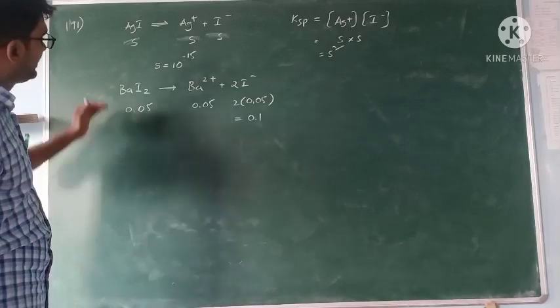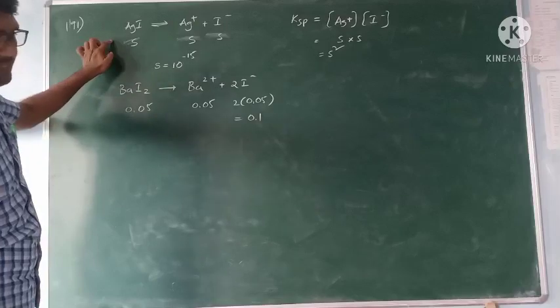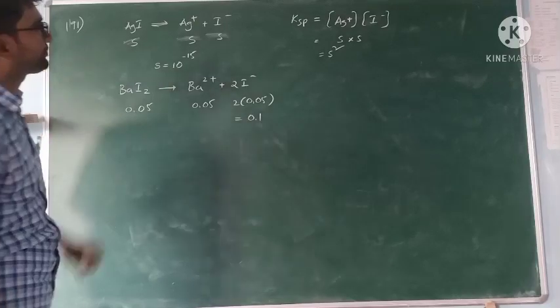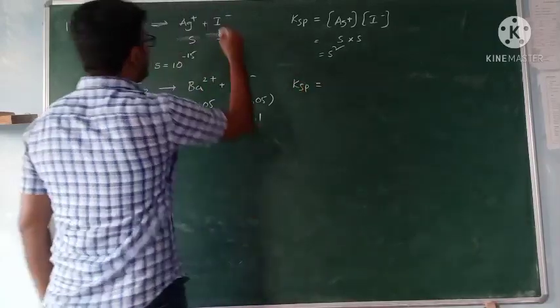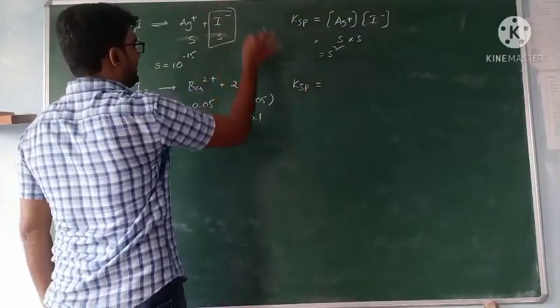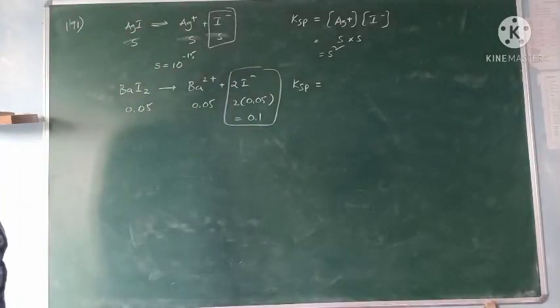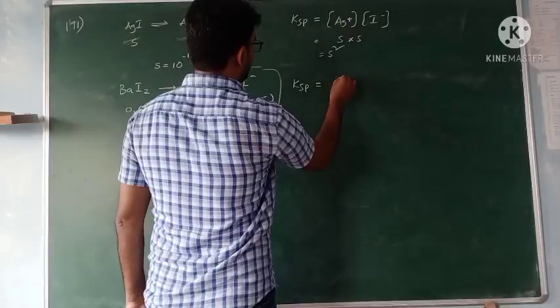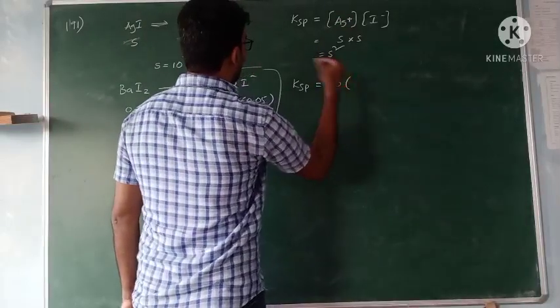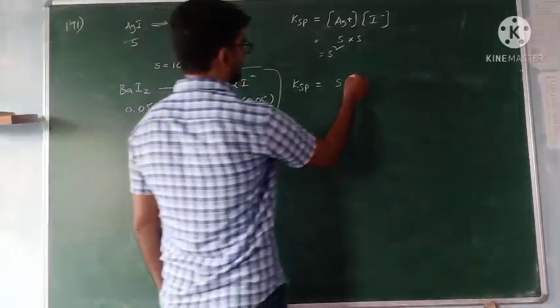But if these two are mixed together, the case is different. Why? Common ion effect is there, I minus to I minus. So due to the common ion effect, Ag plus concentration is S, but I minus concentration is S plus 0.1.